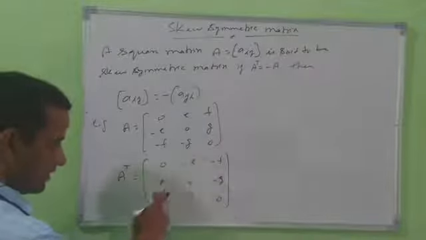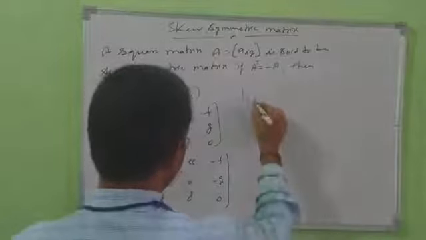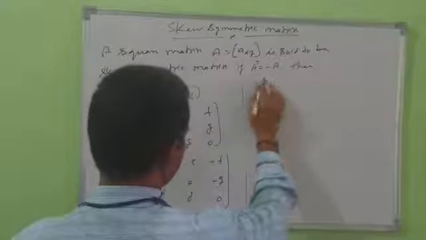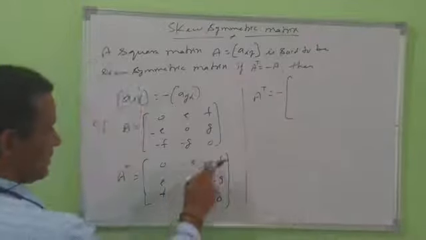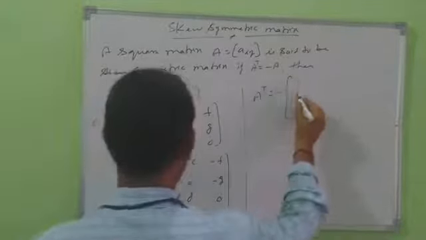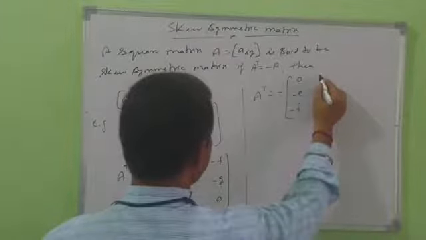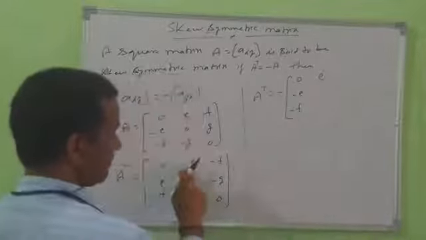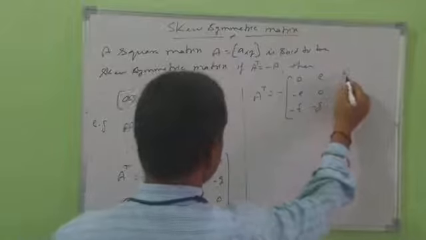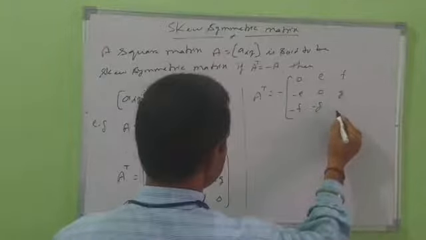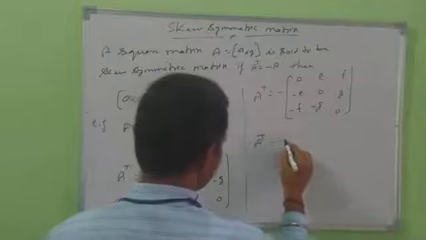After that, taking the minus sign common from the whole matrix, we get A transpose equal to minus times the matrix with rows 0, minus e, minus f; e, 0, minus g; f, g, 0. In this form, we can say A transpose equals minus A.